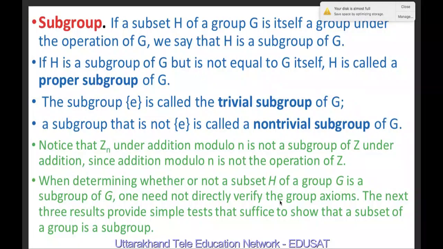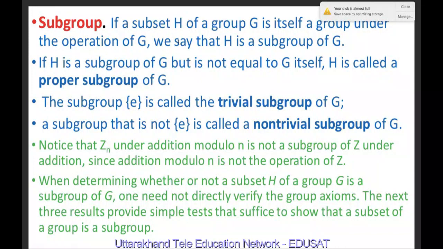Now subgroups. If H is a subset of a group G, then it will be a group if it itself is a group under the operation of G. We say that H is a subgroup of G. So for any subset to be a subgroup of a group, it should be a group in itself. It should satisfy all the properties of a group.